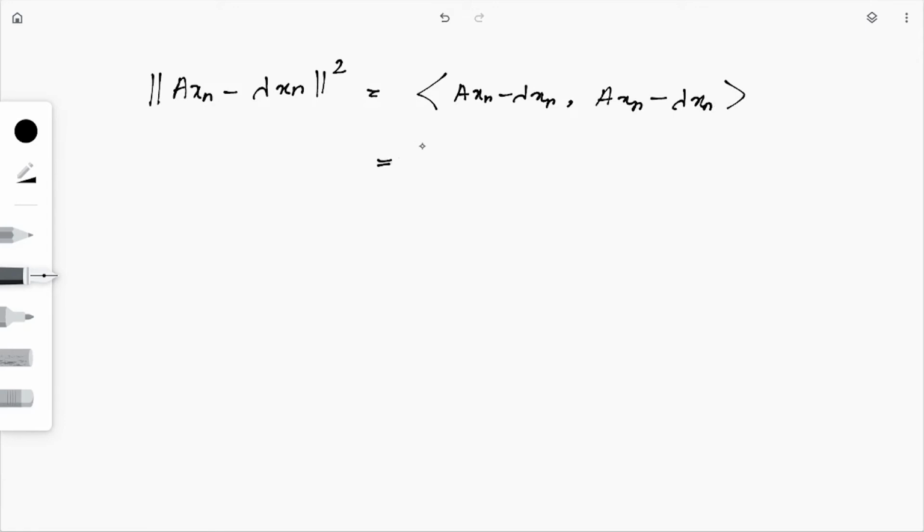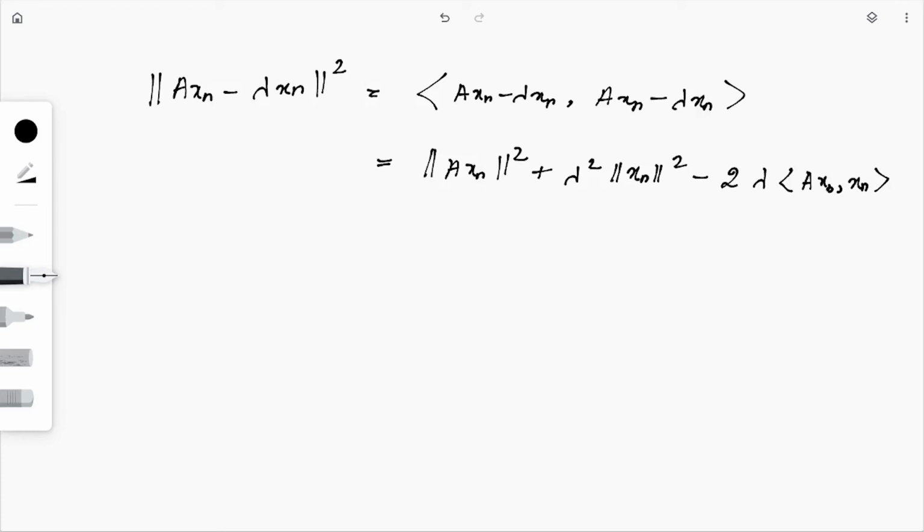After simplification, I get this is equal to norm of AXN square plus lambda square into norm of XN square minus 2 times lambda into inner product AXN, XN. After simplification you can just verify it if you want to. Just open it up using the property of inner product and you will get this result.